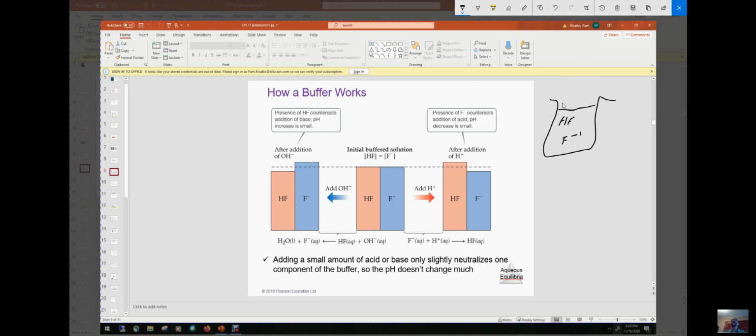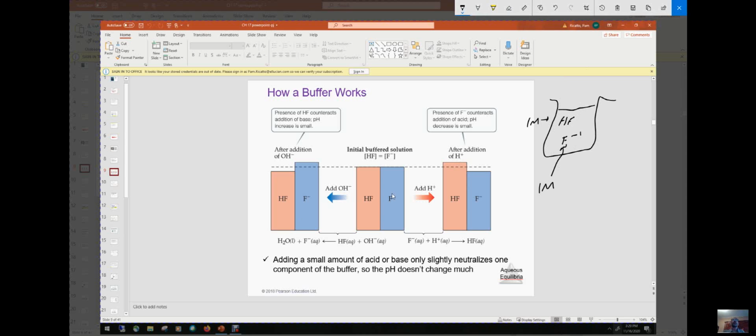This is my buffer. There's a large concentration of both. Let's make it 1 molar of this and 1 molar of this. How did I get them in there together? Well, I added the HF directly, and then I added the fluoride ions by adding sodium fluoride. So now I have a lot of both.